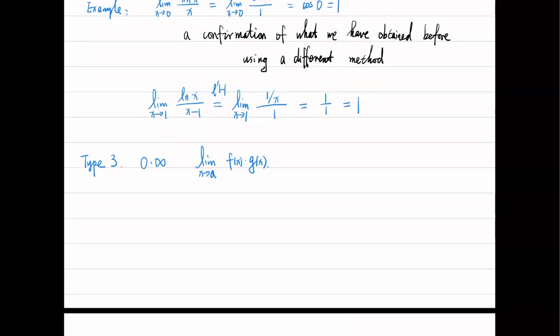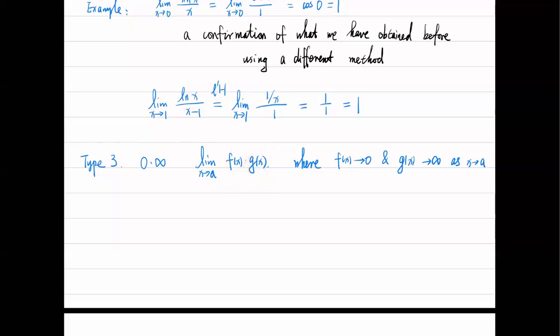So one of them goes to 0, but the other goes to infinity. So one goes smaller and smaller, the other one goes bigger and bigger.